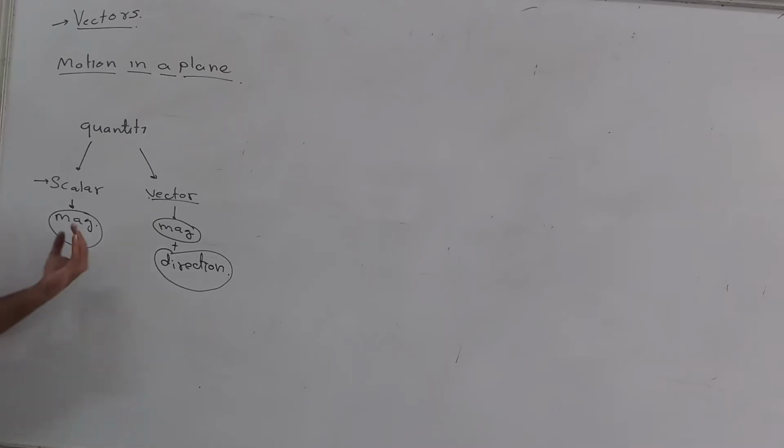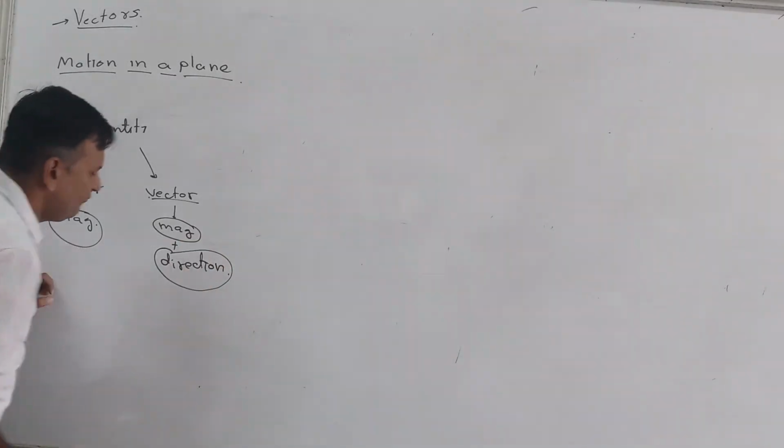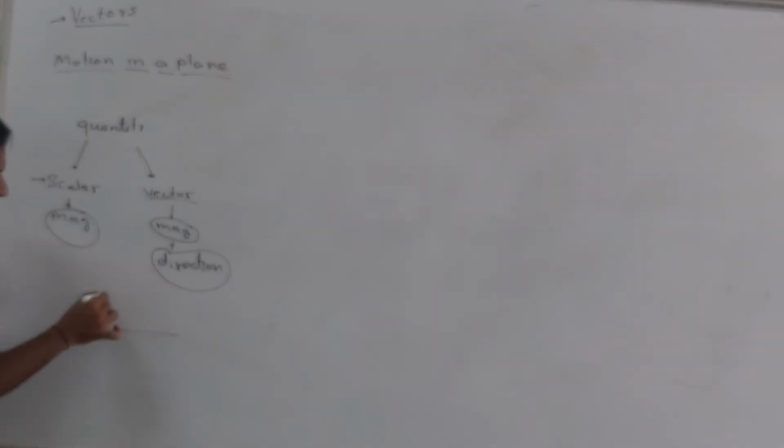Now, which quantities do have directions? Which quantities are vector quantities? Suppose you have a block resting on a horizontal surface, okay, and if you apply force from one side, the displacement of this block will happen on this side. Okay, where does the displacement of block occur?